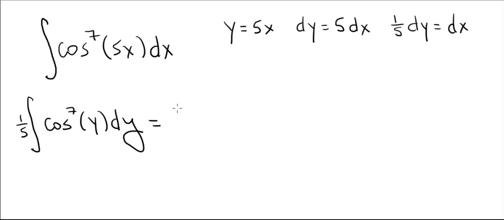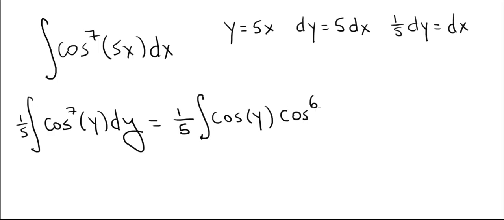Because we have cosine to an odd power, the procedure is to separate one of the powers of cosine. So cosine of y is separated from cosine to the 7th, leaving cosine to the 6th of y.